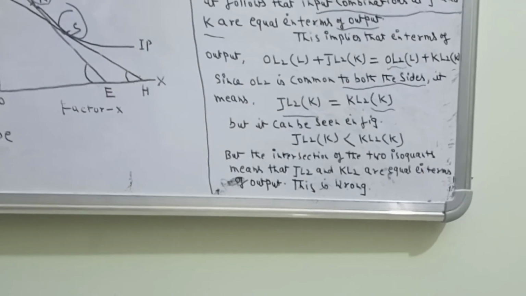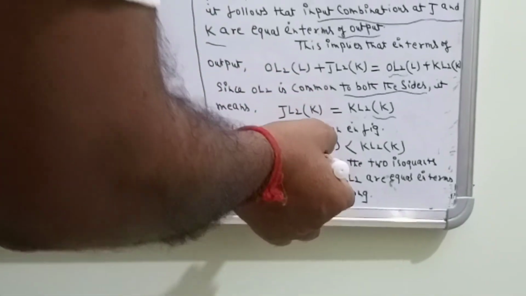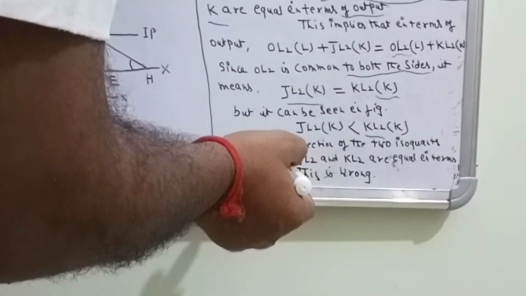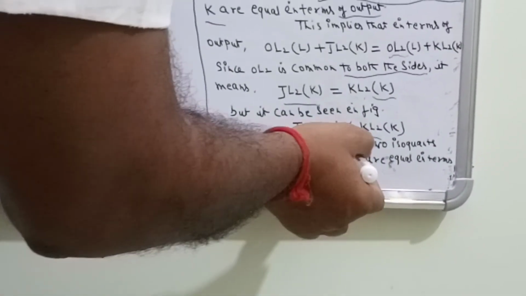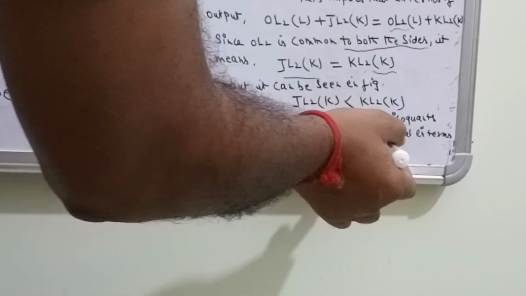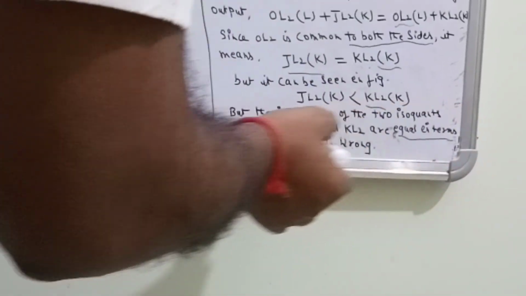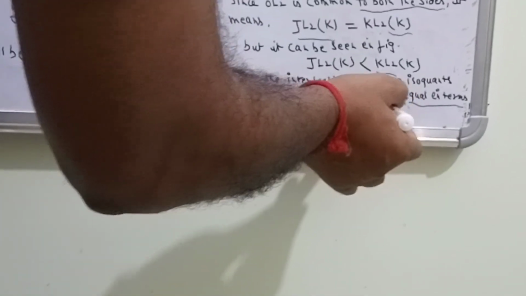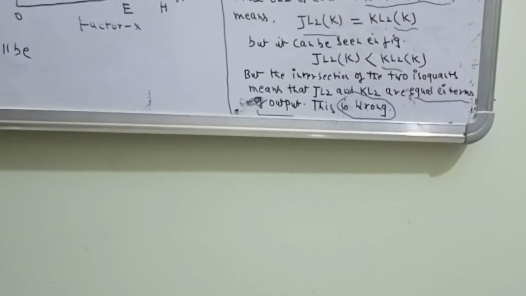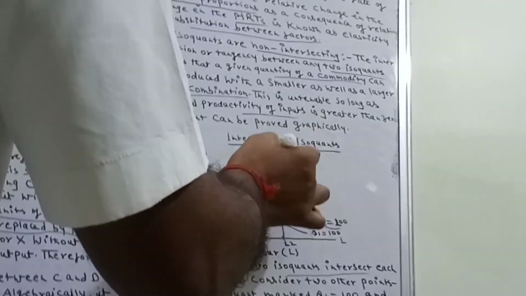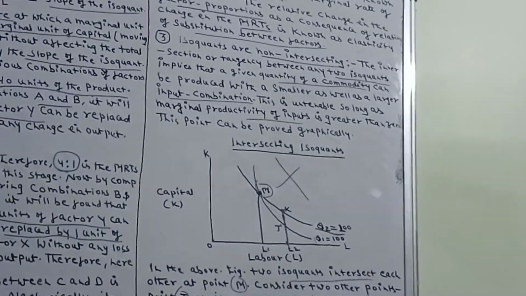But it can be seen in the figure that JL2 is less than KL2, while the intersection of the two isoquants means that JL2 and KL2 are equal in terms of output, and this is wrong. So, two isoquants can never intersect each other. That's all.